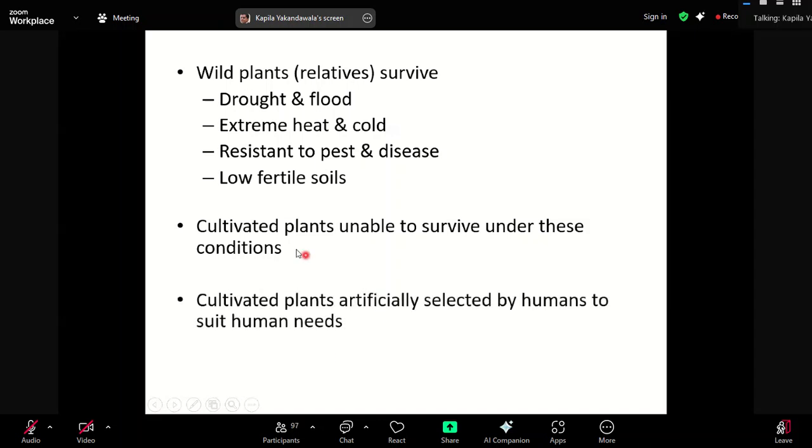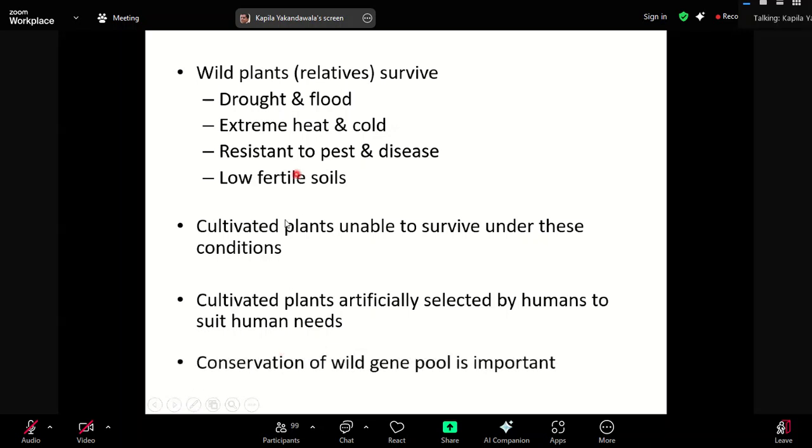So cultivated plants are artificially selected by humans to suit human needs. Throughout our history, we selected the best plants out of wild plants, and among those plants also we practiced selection. Then we developed present day crops.